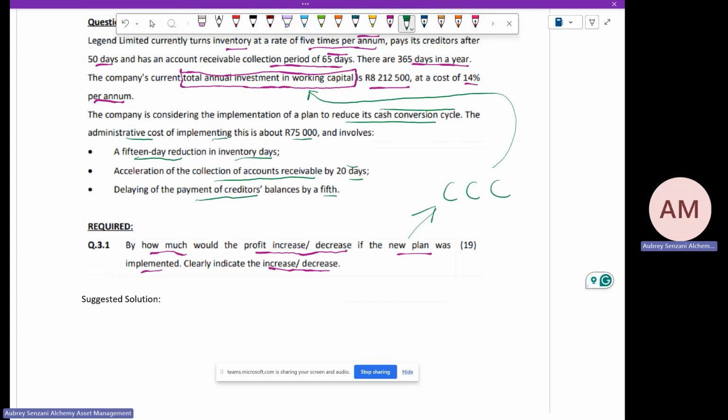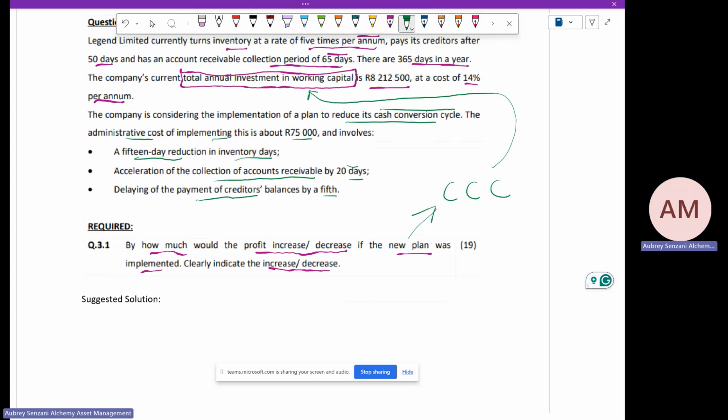Yes, if I reduce the CCC, you should be, maybe not necessarily, making more profit. Let me read this from your textbook, the one that you guys are so diligently reading.